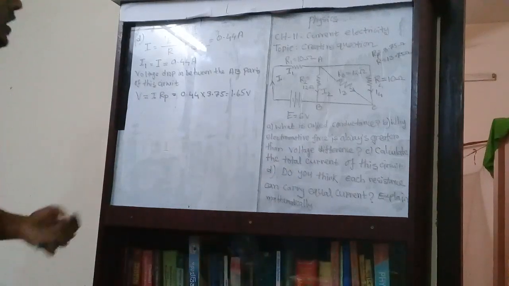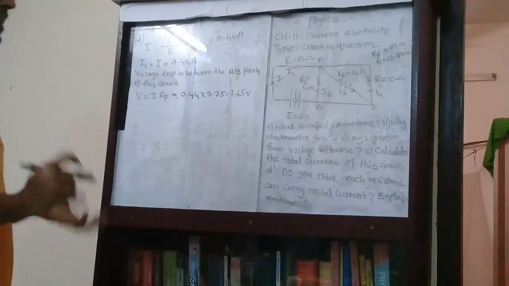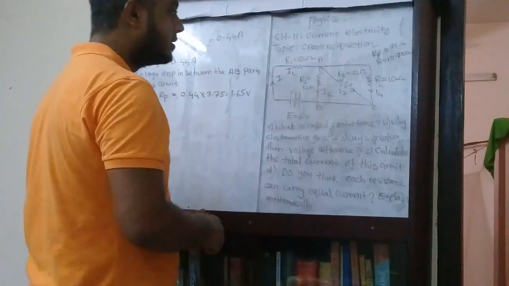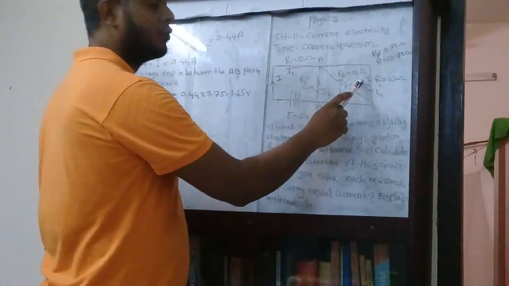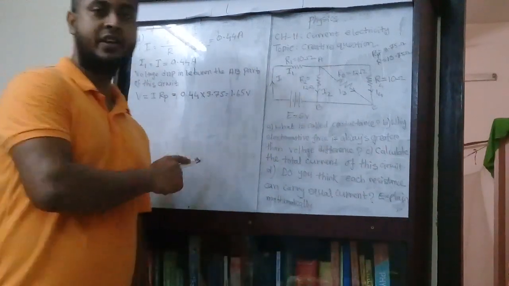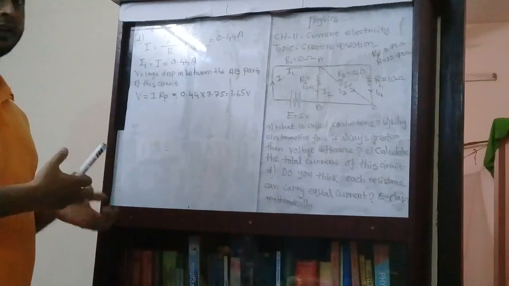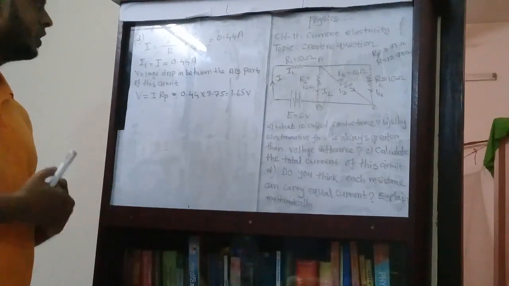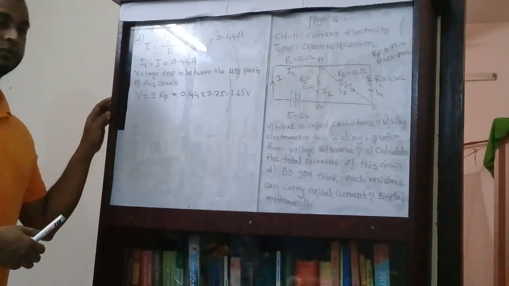Since these resistors R2, R3, R4 are connected in parallel, each resistance can drop this V amount of voltage.